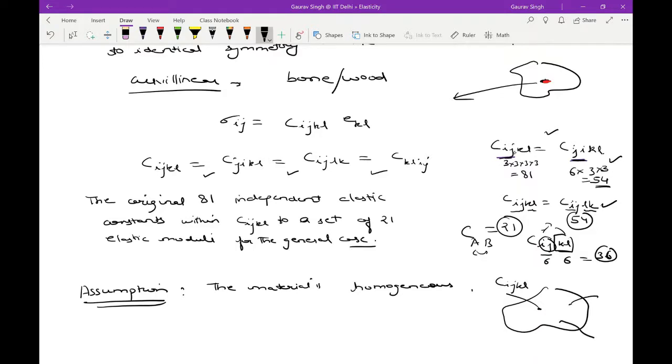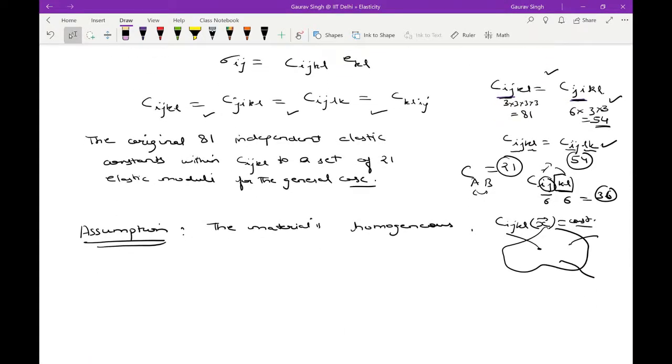So the elasticity tensor does not vary with space. Okay, at all points on this you will have only these 21 elastic constants which will define the response of the material point.